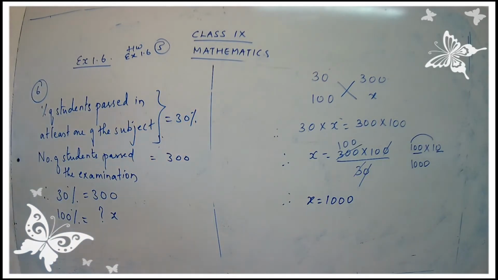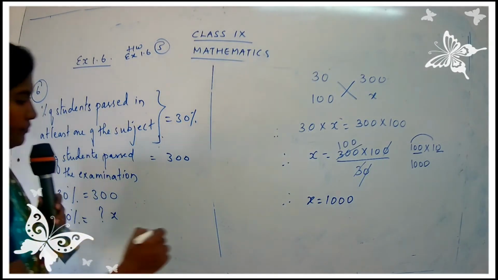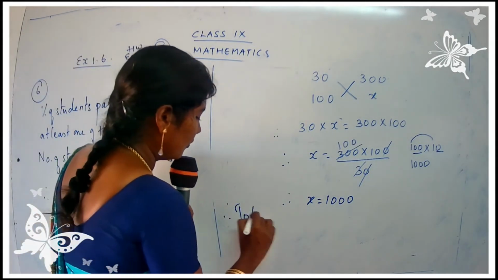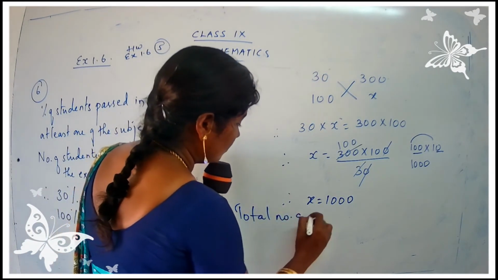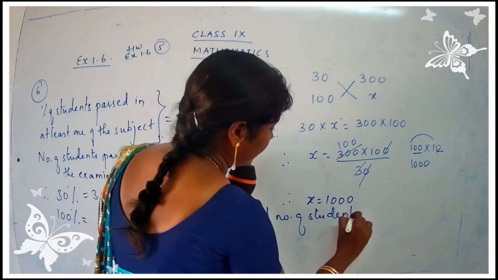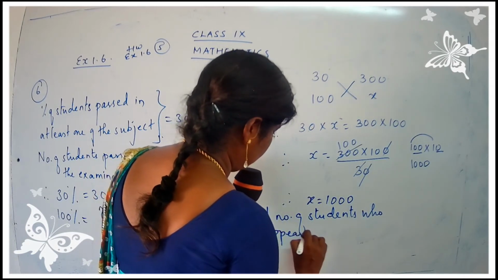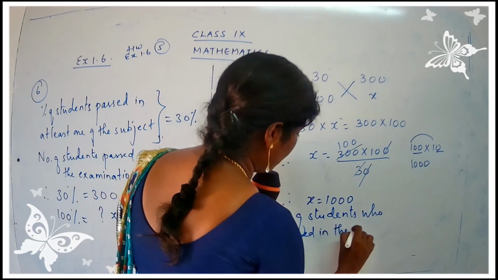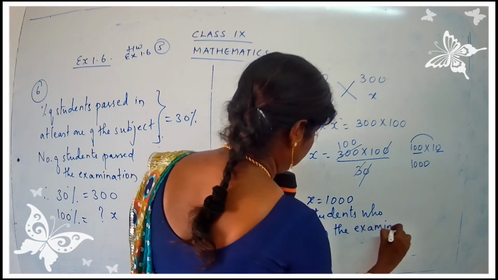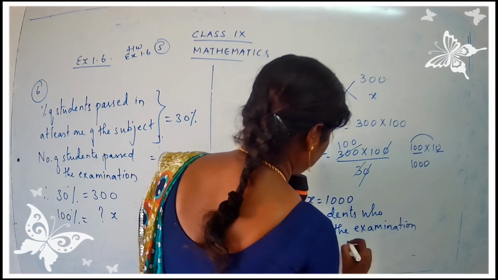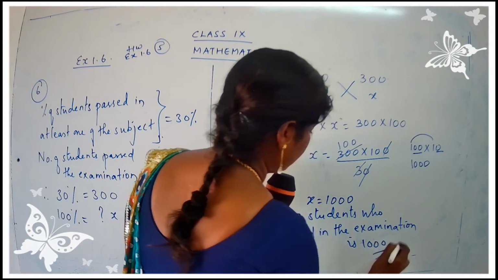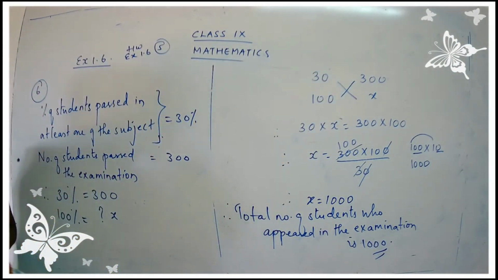So write down here, therefore, total number of students who appeared in the examination is 1000. Okay? Just simple, you have to just understand the statement and that's all.